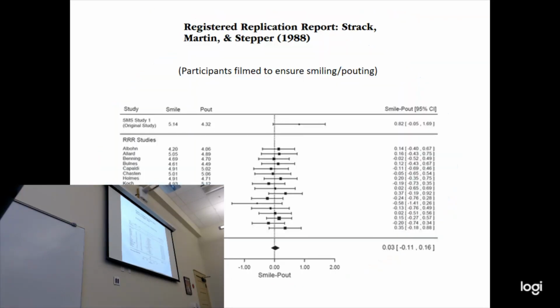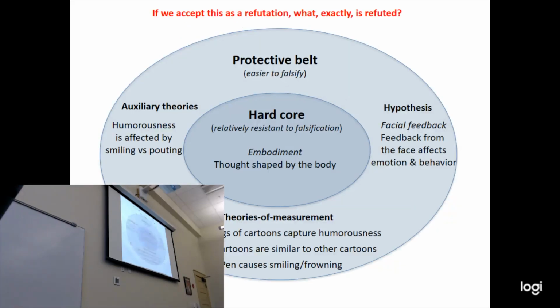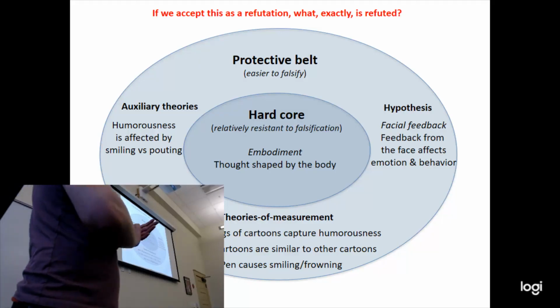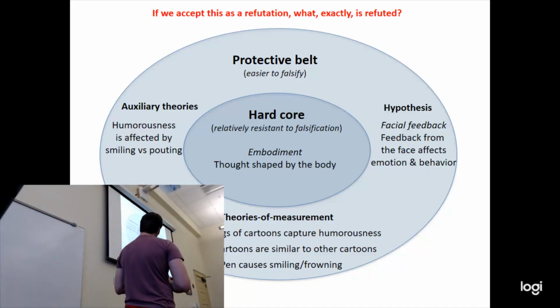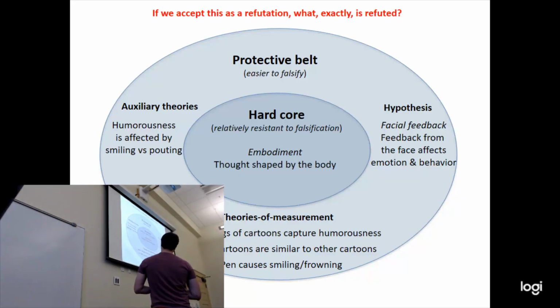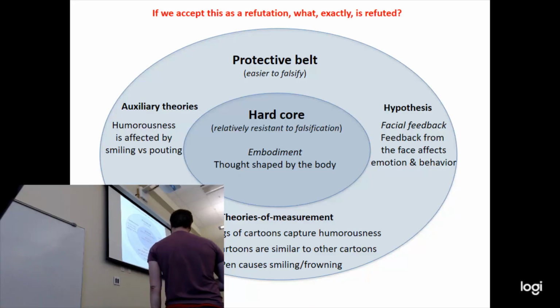Maybe people are hard to please now, we're in 98. Well, yeah, so that's an important idea, going back to this idea of things that are at the periphery and things that are at the center. If we do accept this as a refutation of something, you have the natural question, what is it a refutation of? Is it truly the case that humorousness is affected by smiling versus pouting?